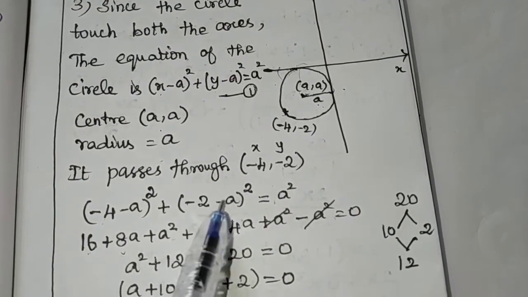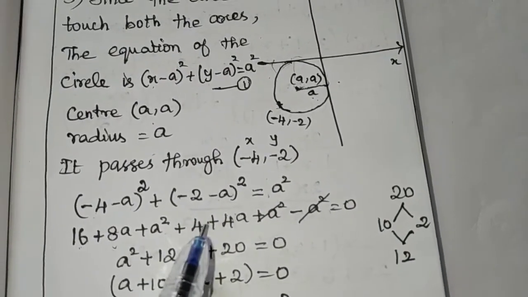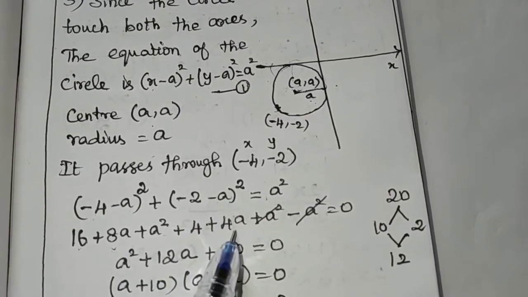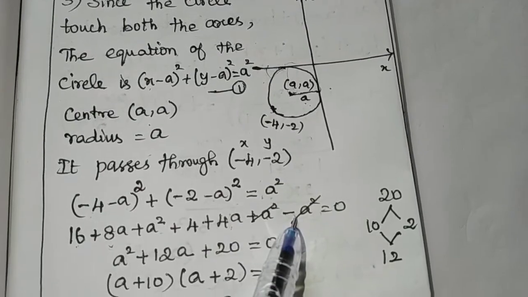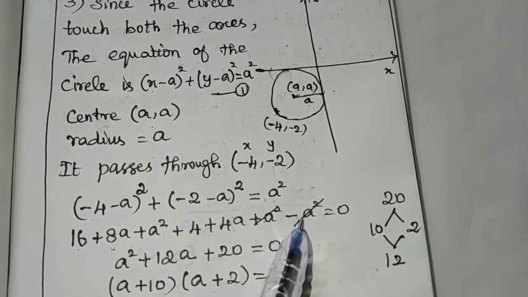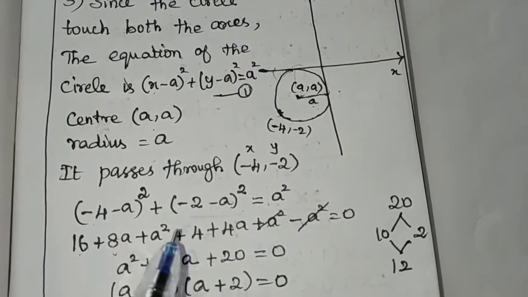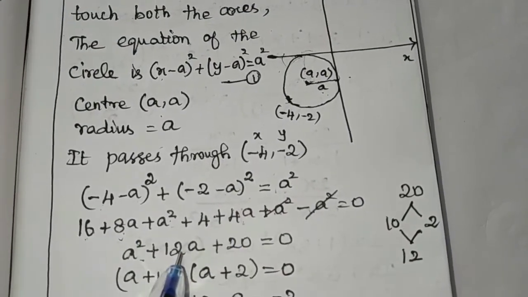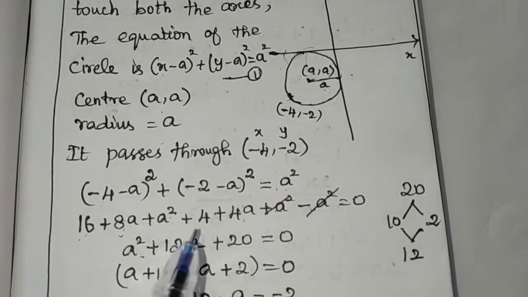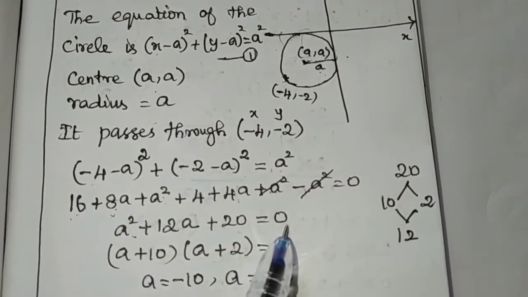Here also, 2 squared is 4, 2 into 2 into a is 4a, plus a square. This is equal to a square, go to that side, minus a square cancel. Now arrange the terms: a square, 8a plus 4a is 12a, 16 plus 4 is 20, equal to 0.